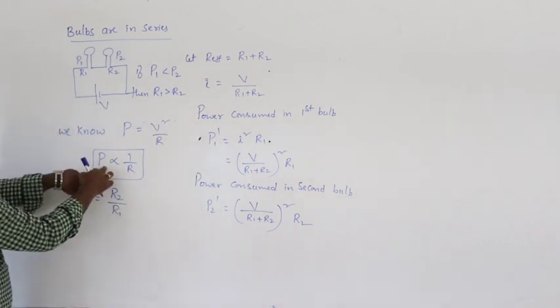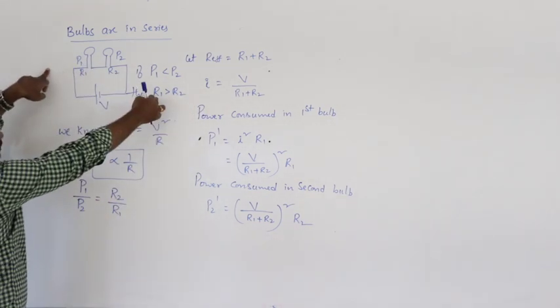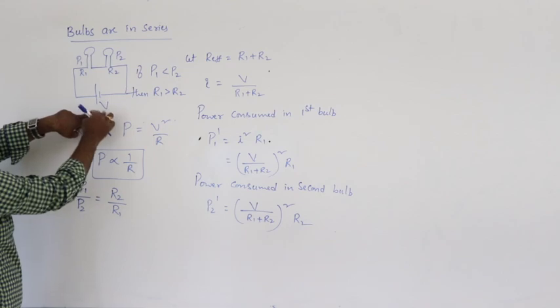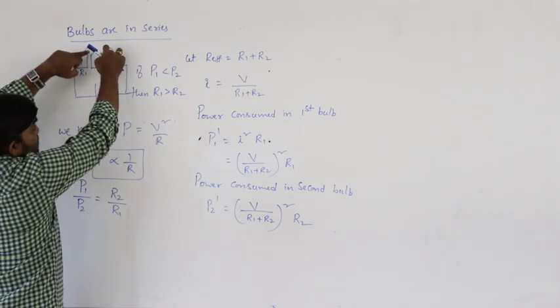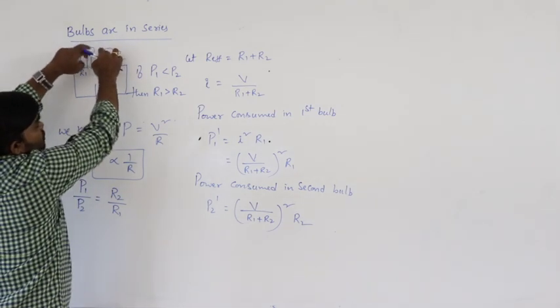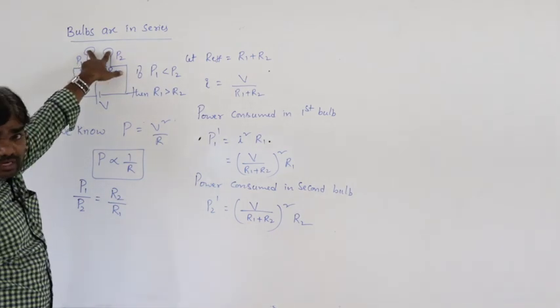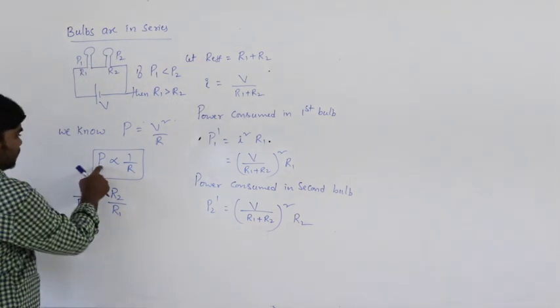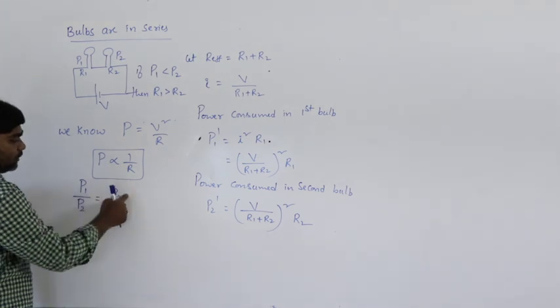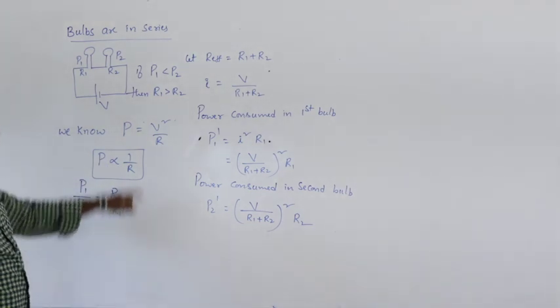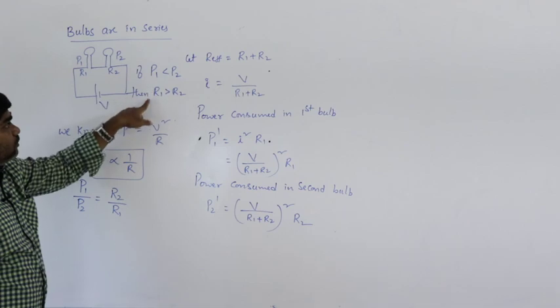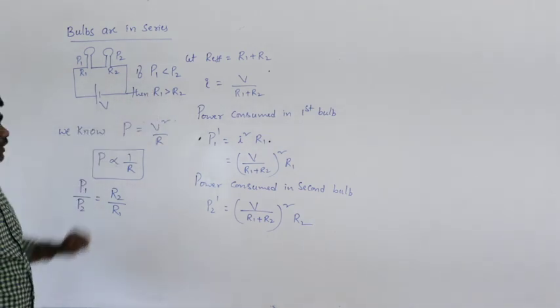From this relation, P is inversely proportional to R because the external potential is the same, and let us consider the rating potential of these two bulbs also the same. So P1 by P2 is equal to R2 by R1. Then P1 less than P2 means R1 is greater than R2.